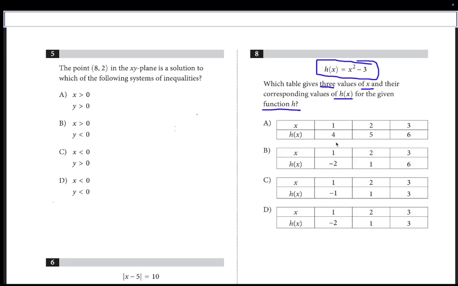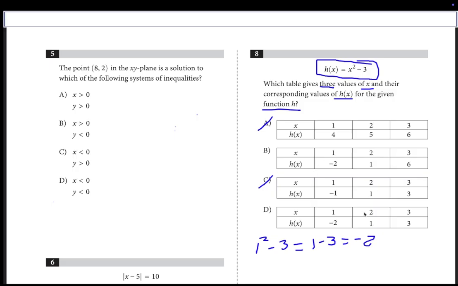We're going to input x as 1 in our equation. So we're going to get 1 squared, which is 1, minus 3. It's going to equal -2. As you can see, only B and D have -2 for h of x when x is equal to 1. So we know A and C are wrong.